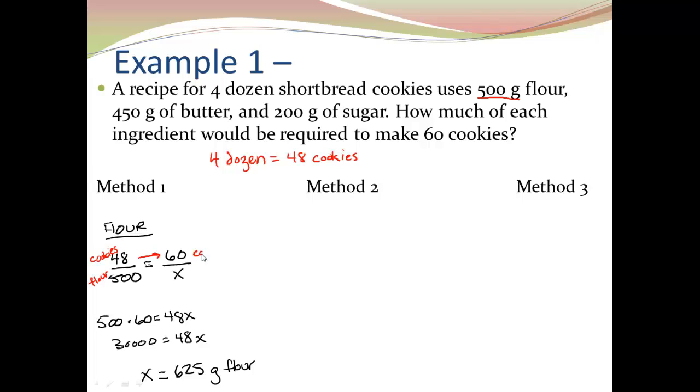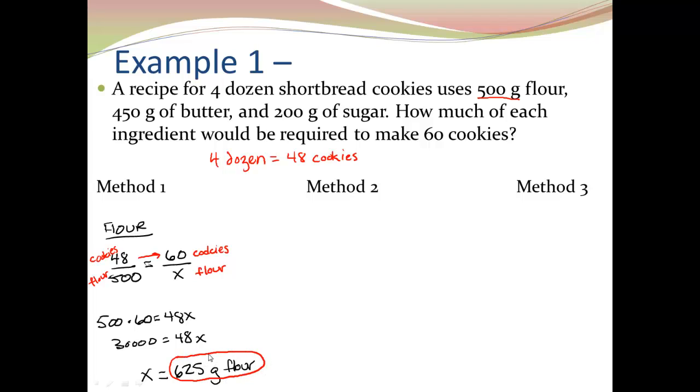So we know it's 60 cookies, and we need to find out how much flour. So you figure out your cross products. 500 times 60 is 30,000, and then you have 48 times x, which is 48x. And then to solve for x, you just divide both sides by 48, which gives you 625 grams of flour.